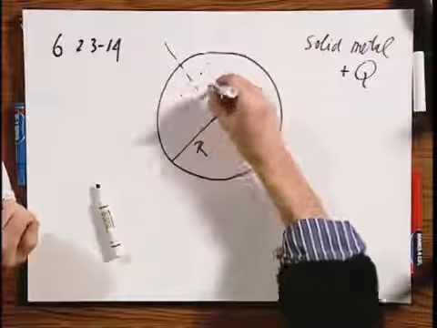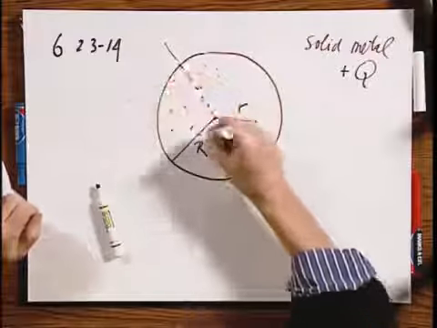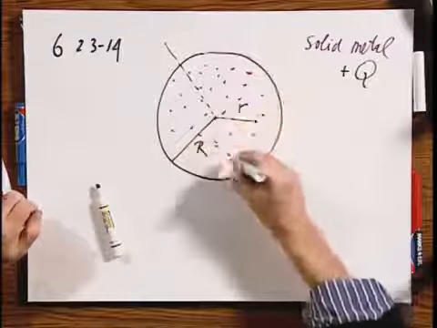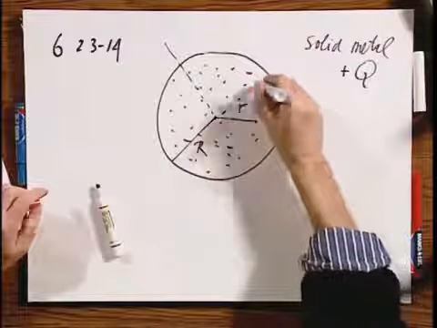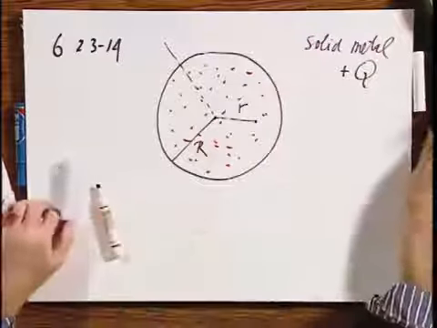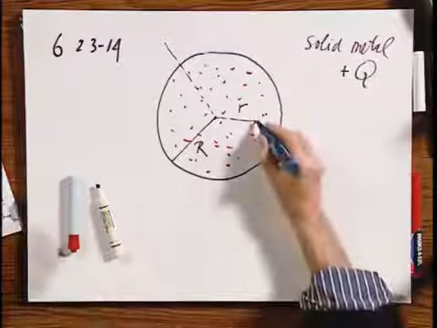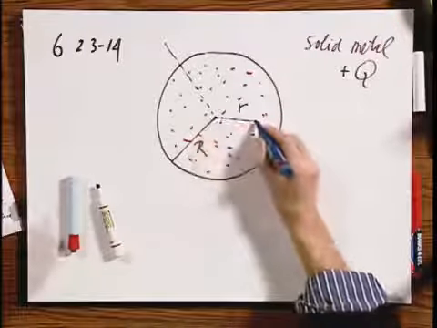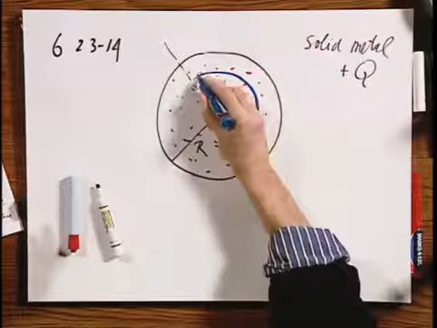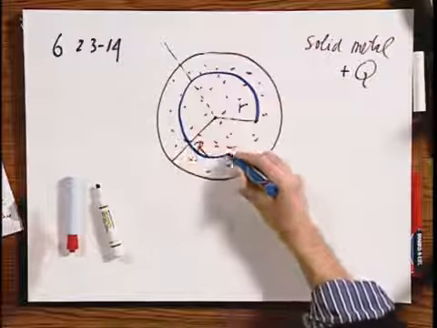But now I will first show you why that is the case. So I will distribute artificially the charge uniformly throughout this volume. I'm now going to calculate what the E field is at the location r from the center. I introduce a Gaussian surface, which is a sphere.